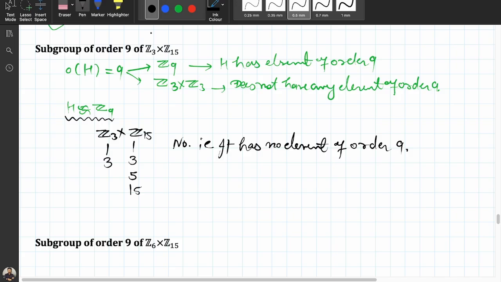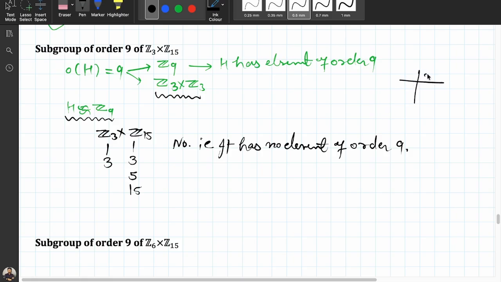And now what about this? Wait, one more thing. So from here it does not, so H can't be this. So H is this only. Yes. Okay. Wait. If we take the LCM of 3 comma 3, then it is 3, but it does not have an element of order 9.